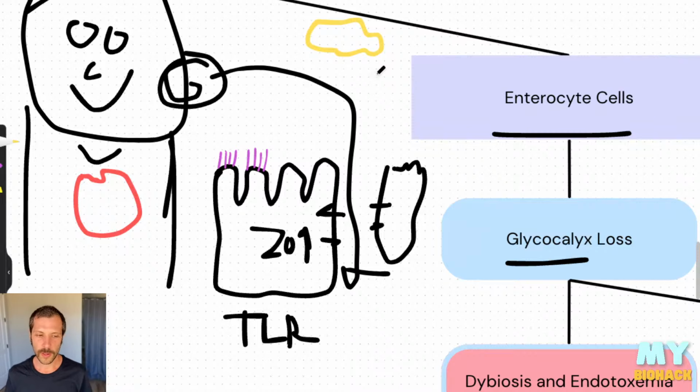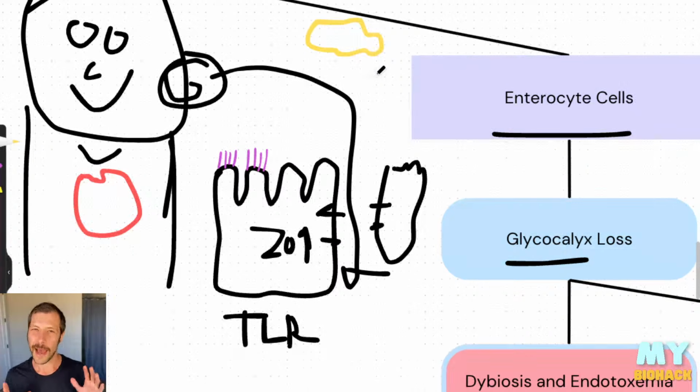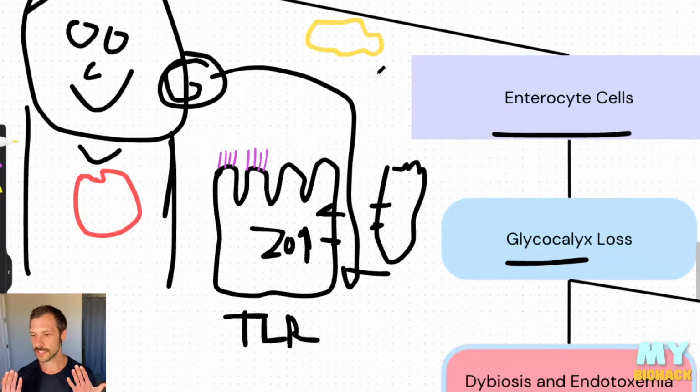Like humans only have so many genes, and we're only so adaptable. But bacteria, they have this amazing thing called horizontal gene transfer, which allows them to transfer genes between each other.